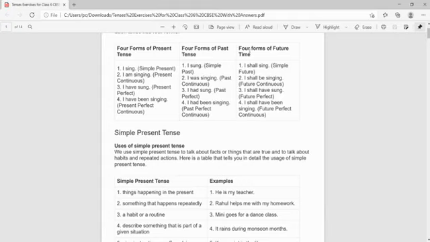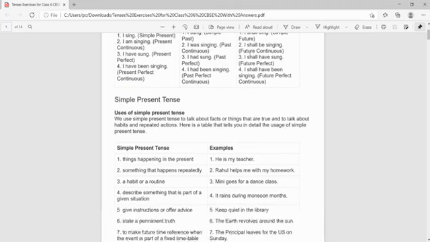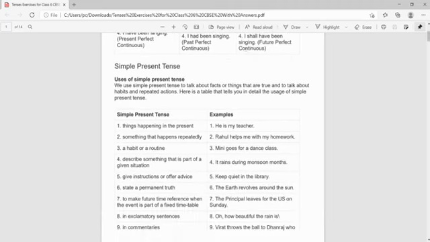So 2 days I'll be continuing with this grammar, as this is a very important and crucial area of English. If you can understand the formation of tenses, then it is very easy for you to write sentences in English. Clear? So the first thing we will see today is simple present tense.